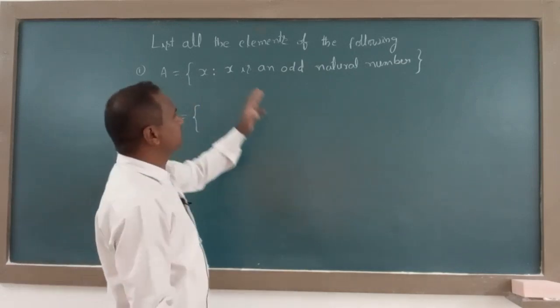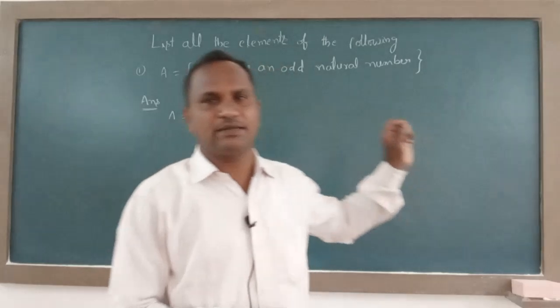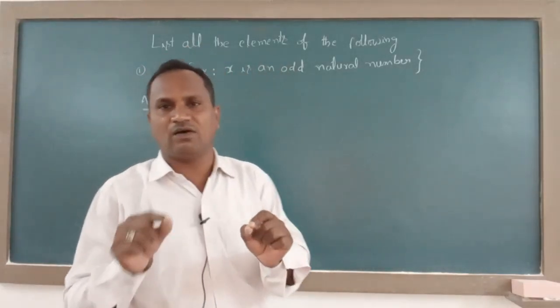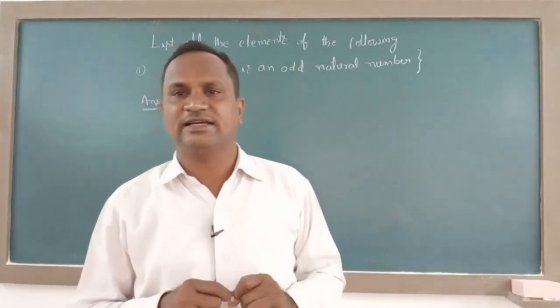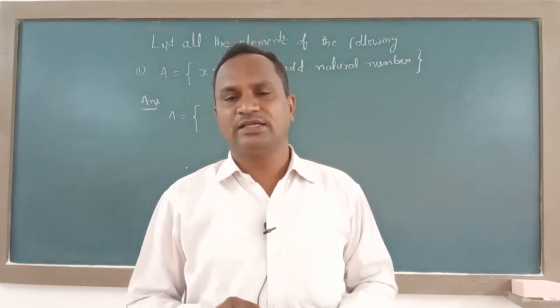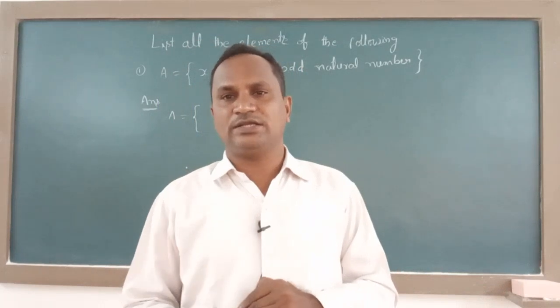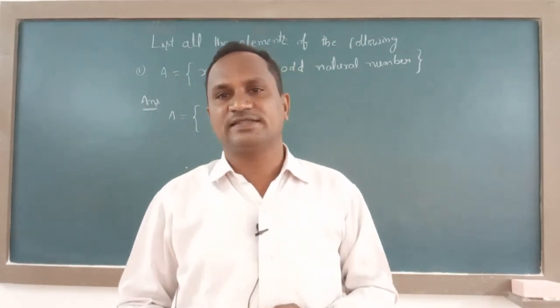Here in this set builder form, they did not give any limitations. They just mentioned x such that x is an odd natural number, and they did not mention conditions like x less than 4 or x less than 5. If they gave those conditions, we could easily analyze them, as they would be finite sets.